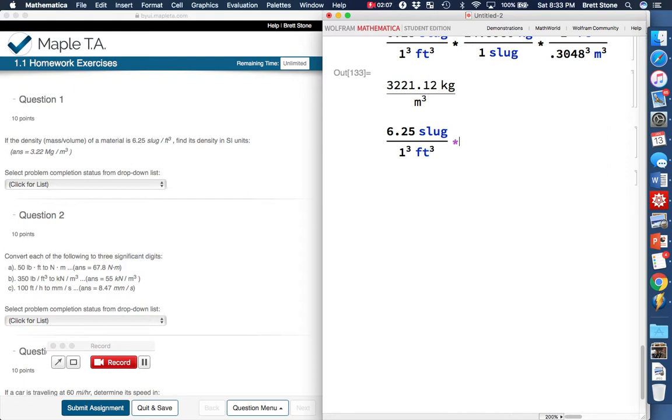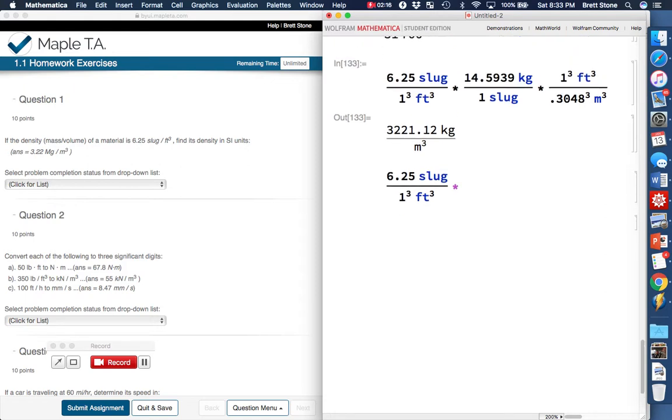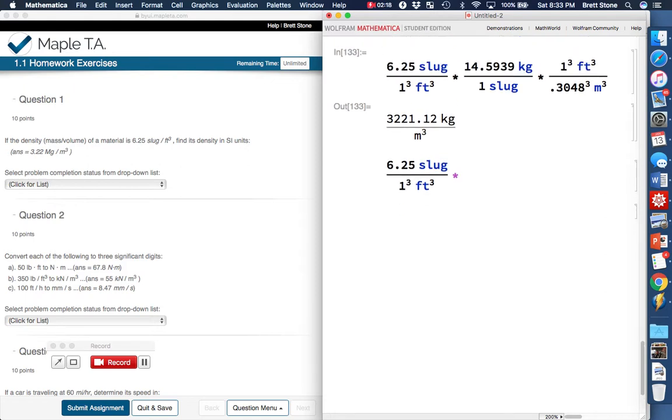And then I'm going to multiply that by whatever my conversion factor is for slugs. So I guess I should slow down. What I want to do here is get out of slugs and out of cubic feet and into some metric unit of mass and a metric unit of volume.